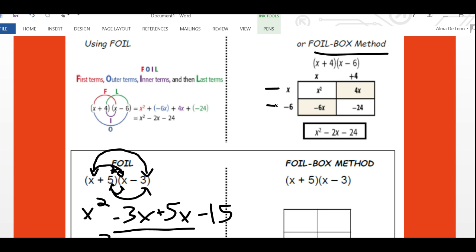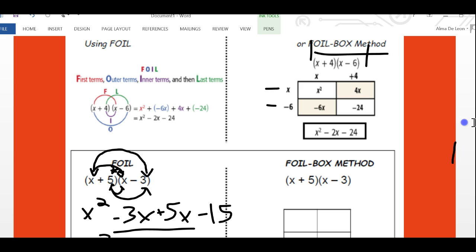And then our other parentheses also has two terms. And again, because of the two terms, that means that we're going to use two columns for each term. So we ended up with a 2x2 box that looks like this. On one side we put one binomial, and on the other side we put another binomial.